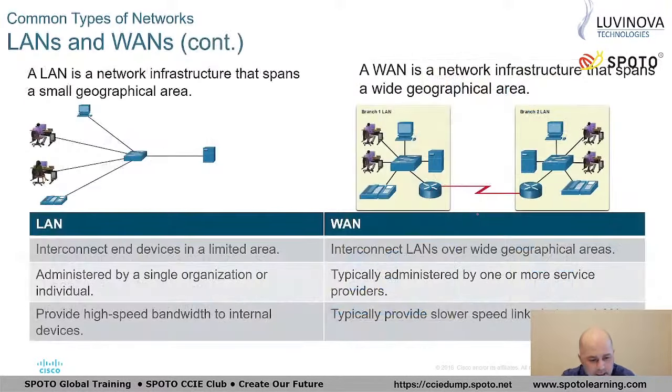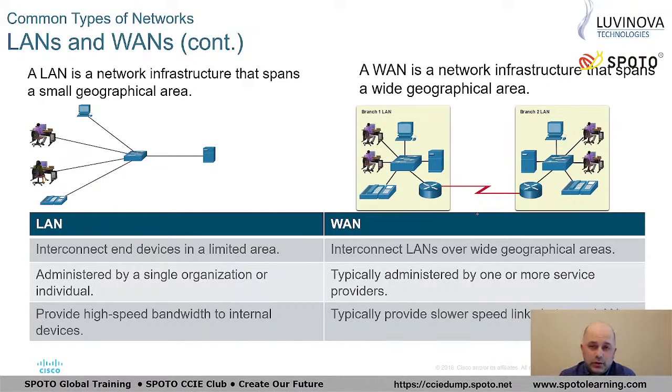Of course, if you're running Active Directory in that company, all computers will be authorized, administered, and secured by one server, one domain controller. But this is a different subject. We're not going to talk about that. A LAN provides high-speed bandwidth to internal devices. Because of the high-speed bandwidth of the internal devices, your LAN network is very fast.